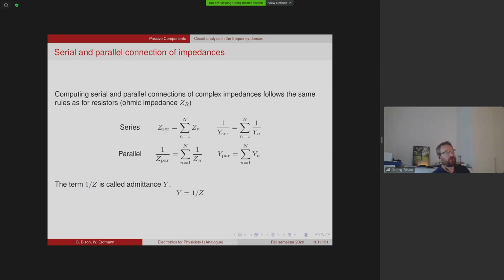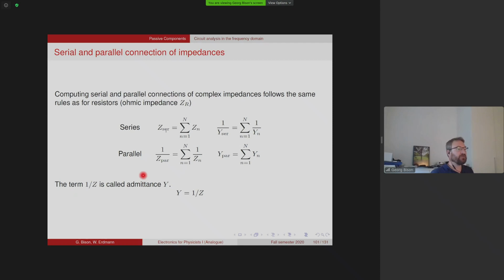Okay, now for complex impedances, since they obey Ohm's law, we find pretty much the same rules as for resistors. So for series connections, we simply add them. For parallel connections, we add them reciprocally.